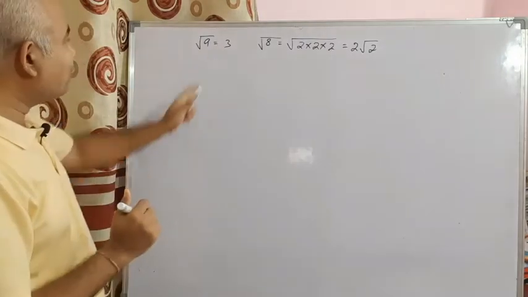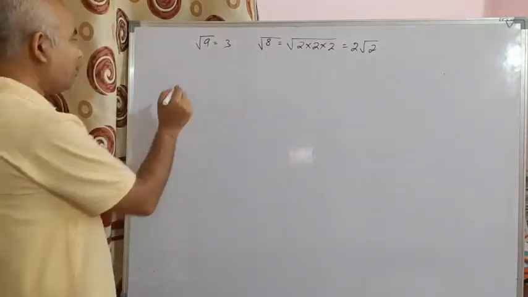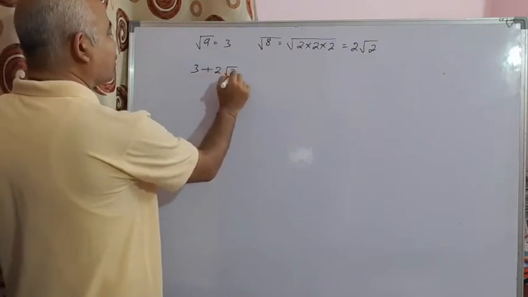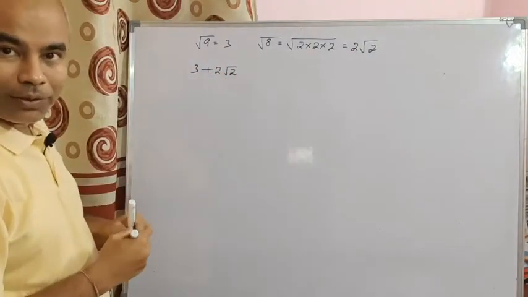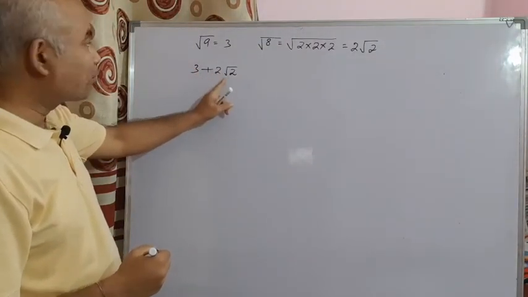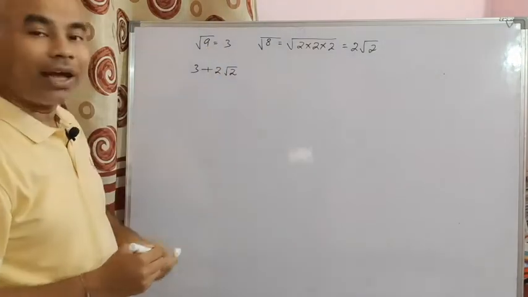Now 3 is a rational number, 2 root over 2 is an irrational number. So let me take a number like this, 3 plus 2 root over 2. Here I have taken two numbers, one is 3 and one is 2 root over 2. They are actually square roots of two consecutive natural numbers 9 and 8.